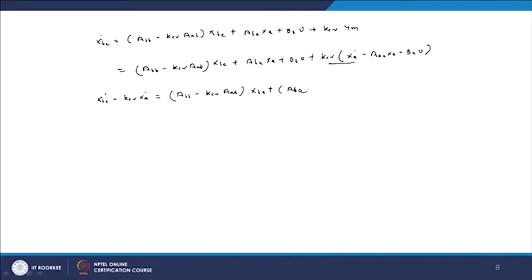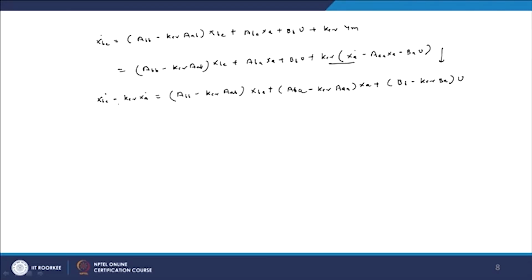So, KER into AAA into XA plus BB minus KER BA into U. So, what we have done in these equations is move KER into XA dot to the left side.